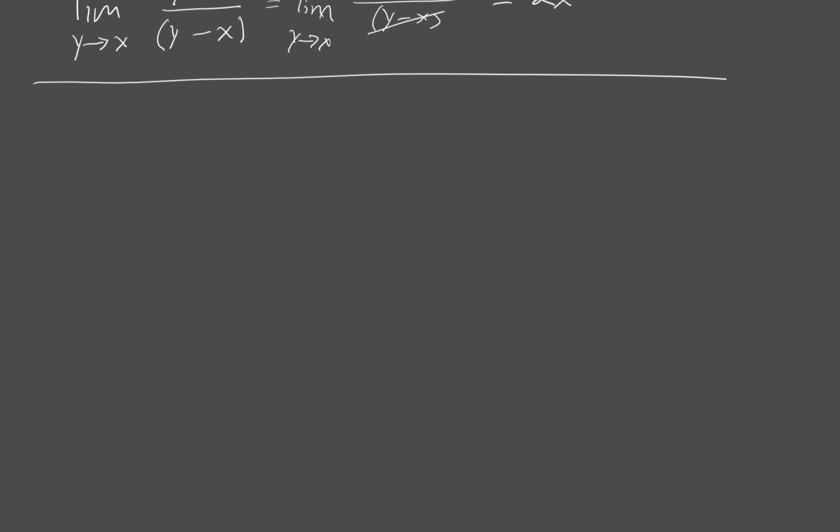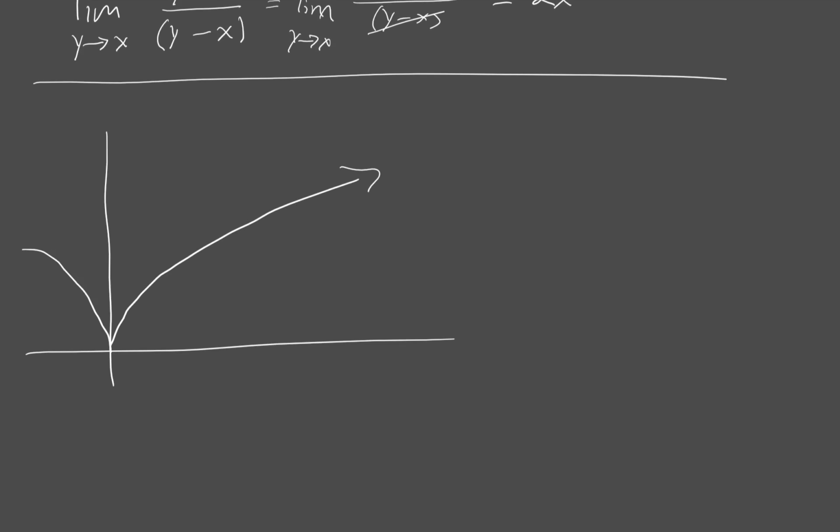Okay, let's look at one of these graphically. Here's the graph that we've got. I'm going to have something like this, and we're going to have a solid dot there. We'll have a point there that I know, and here it is: I've got 0, 0.